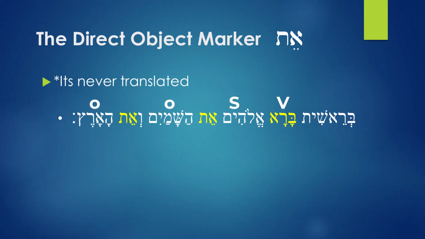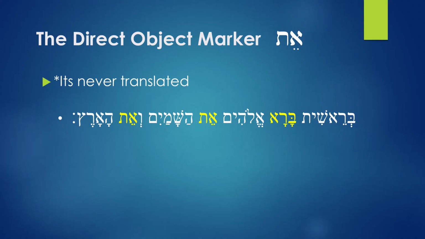That is how the et works. Remember, it's never translated, but it's just a pointer showing you what is receiving the action. And this is why it's important for us to learn Hebrew, because some things are not found in English that are seen in the Hebrew.